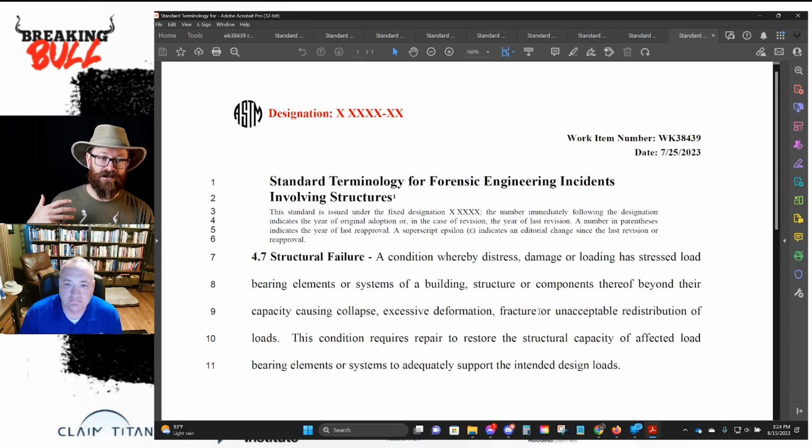This is definitely something that is excessive. It's not just an aesthetic condition. It's something that requires repair. You cannot just let it be and have it continue to function. I really don't like the word fracture in here myself.